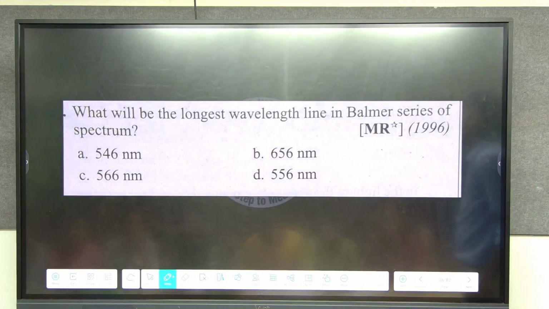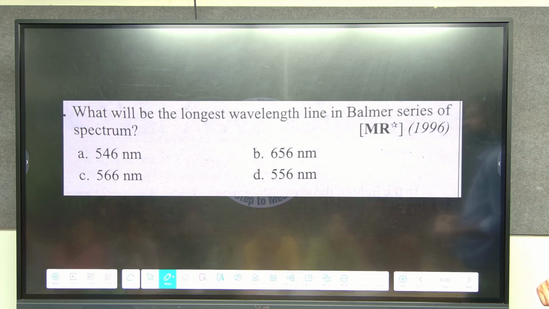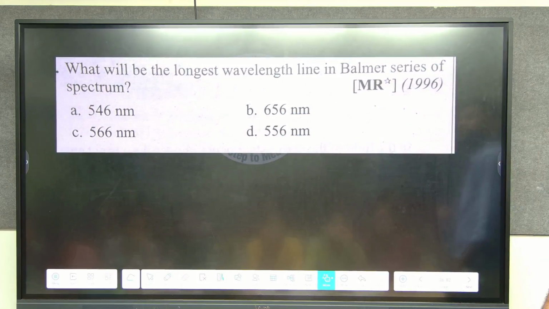Okay, this one, the last question, is a very important question. What will be the longest wavelength in the Balmer series of the spectrum? Balmer series, longest wavelength. Longest wavelength means energy minimum.